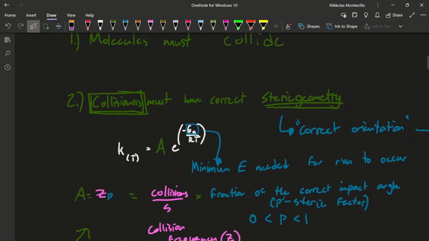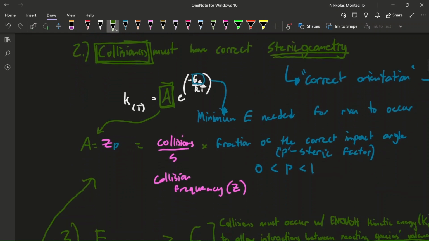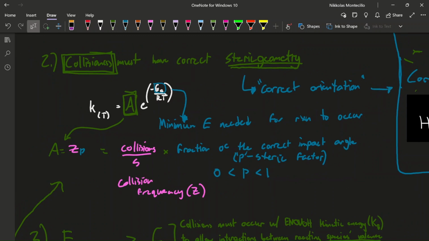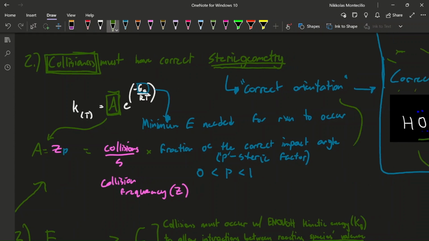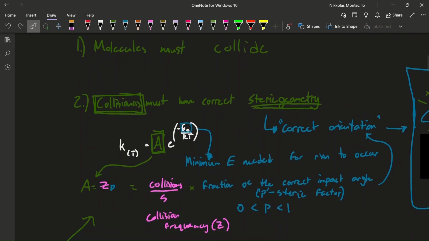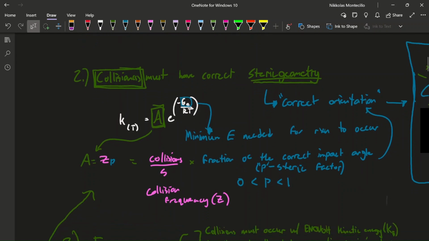We'll get into the details about those, but for now, I want us to take a look at this particular variable, which is the Arrhenius constant A, which is equal to Z, the collision frequency, times P, which refers to the proportion of molecules colliding at the correct impact angle, meaning the correct orientation of the molecules. So just keep this formula in mind. It's not necessary to understand, just an idea that better elucidates the concept of the Arrhenius constant.